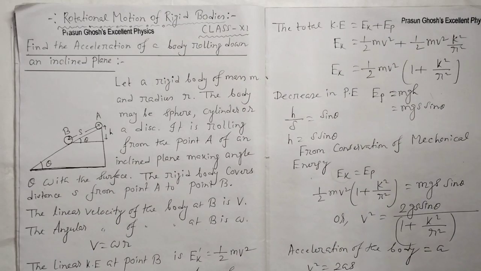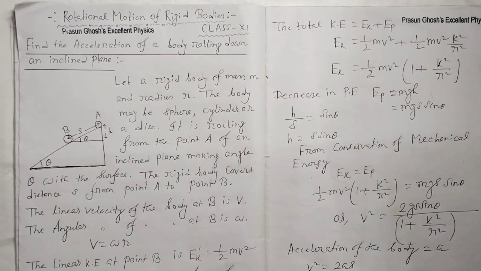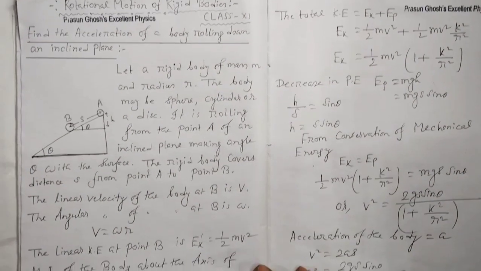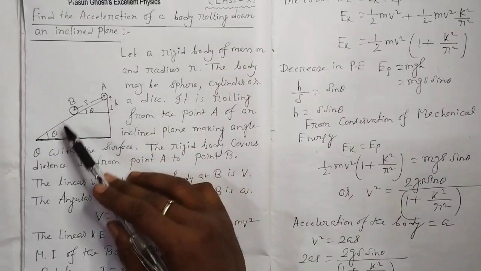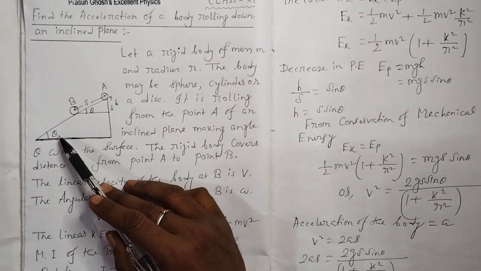I'm discussing a very interesting topic about rotational motion of rigid bodies, that is the acceleration of a body rolling down an inclined plane. So this is the diagram of an inclined plane making angle theta.